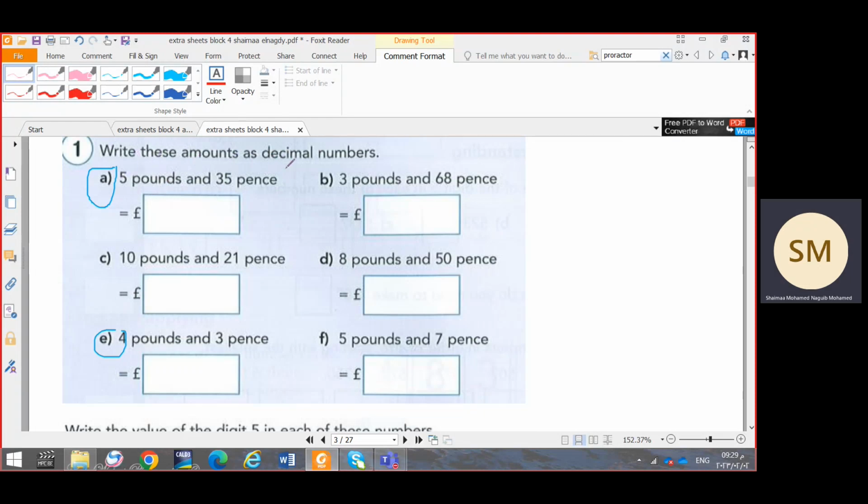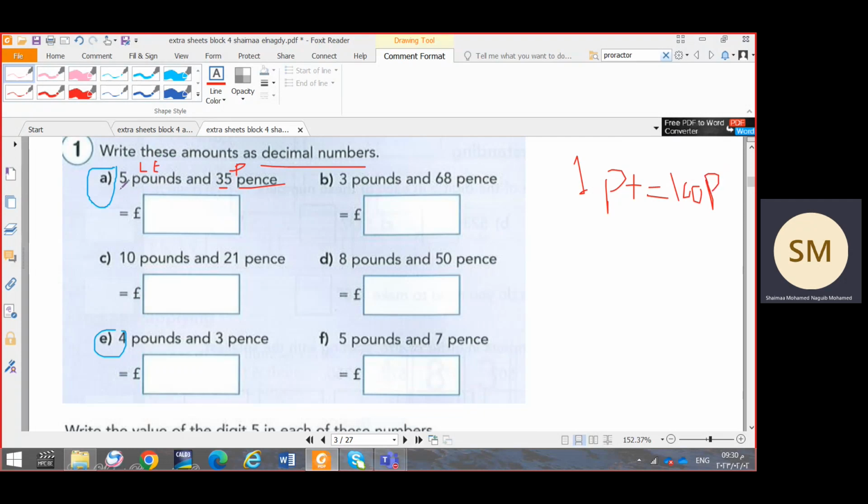Write these amounts as decimal numbers. This is 5 pounds. You will find pounds written as LE. Okay, and 35 pence. Pence means piasters, and we know that 1 pound equals what? 1 pound equals 100 piasters.